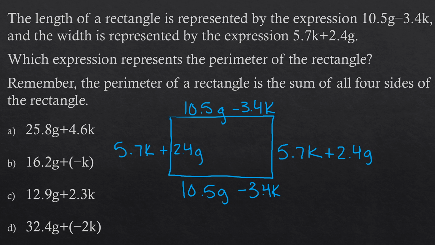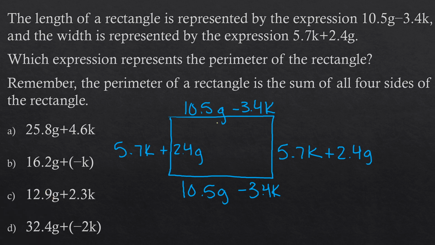Okay. And if I look at all of my different answer choices, since this is multiple choice, I can see that all these numbers attached to g in my answer choices, right? This one, this one, this one, this one, they all have different coefficients, those numbers in front of our variables, which means that if I add together all of my g's from this diagram here, I'll be able to figure out which one is correct.